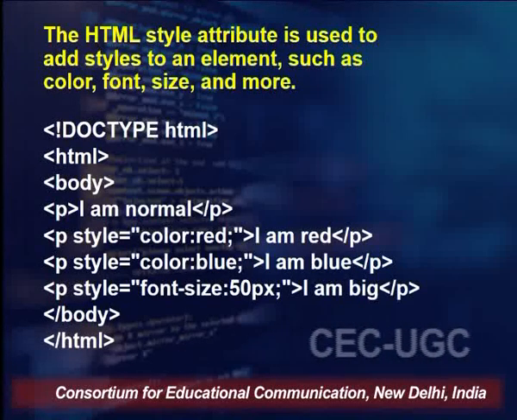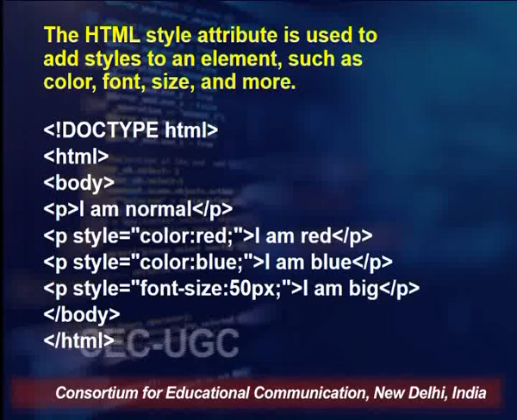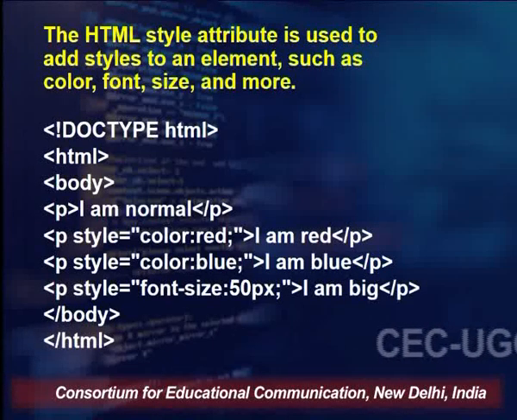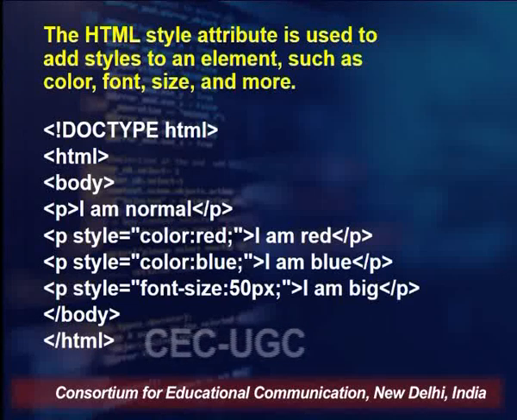On the fifth line we have p style equals, and within the double inverted commas I have written color colon red. That means color is going to be red for the text which is written inside this p and /p.